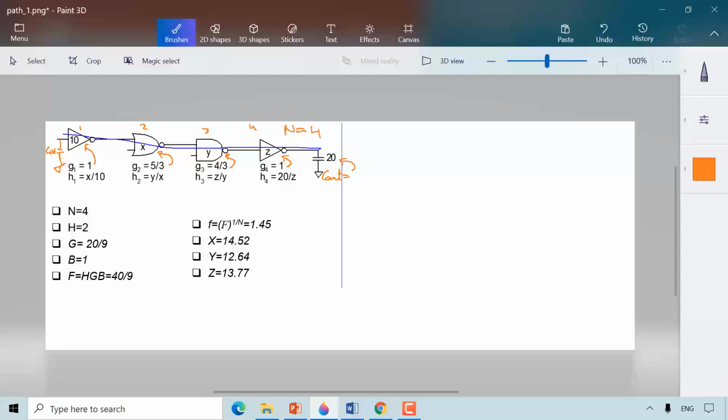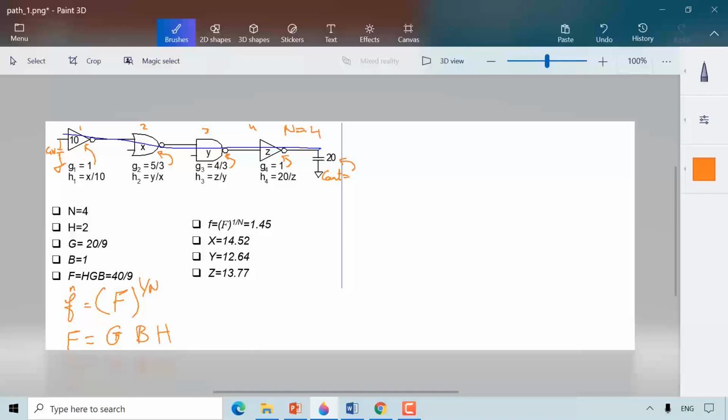To compute the sizes and the delays, the very first thing I need to do is compute f hat. For f hat, I need to compute f so that I can raise it to the nth root. What is f? F equals g, b, h. Let's compute those for the path.